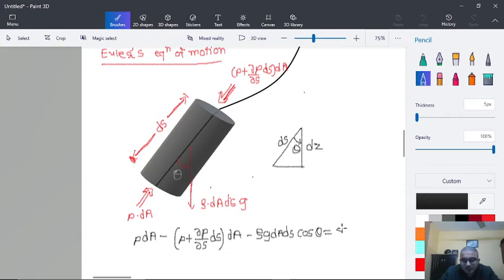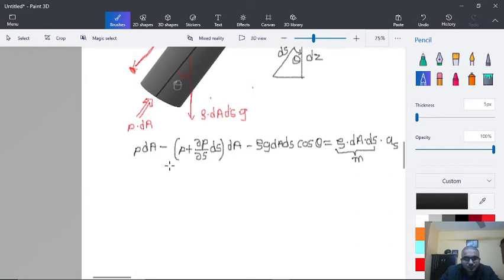Instead of m we can write rho dA ds. So this entire term is m, and we can say the acceleration in s direction is as, so it is nothing but F is equal to ma.